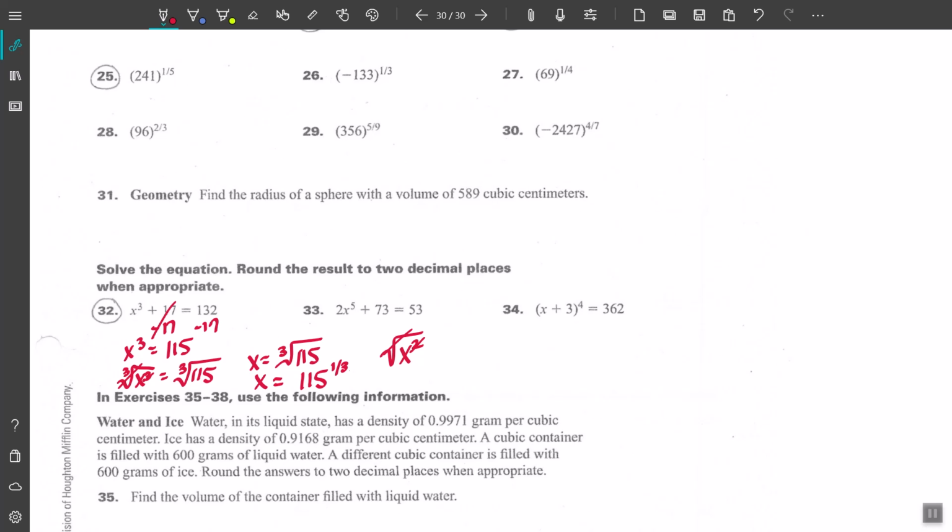So then when I plug this into the calculator again, 115 caret parentheses 1 divided by 3 end parentheses and equals, we get 4.8629, etc. We're rounding to the hundredths place again, so we can see that that's just going to leave us with 4.86 as our final answer.